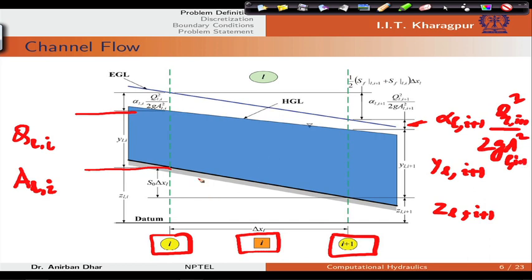So, with this we have defined different variables or parameters for these two sections I and I plus 1. Now, this top surface is representing HGL or hydraulic grade line, and this top one is representing energy grade line.